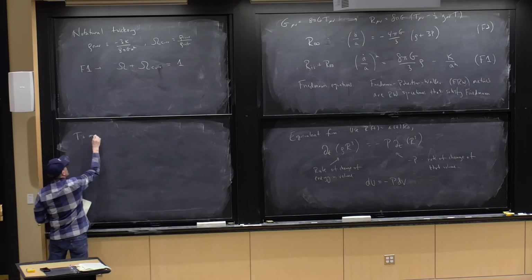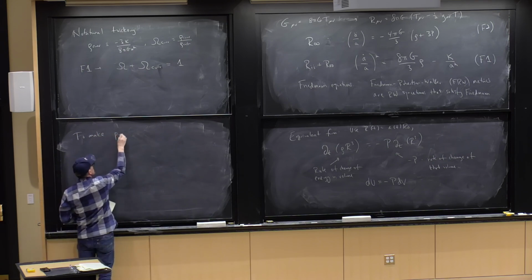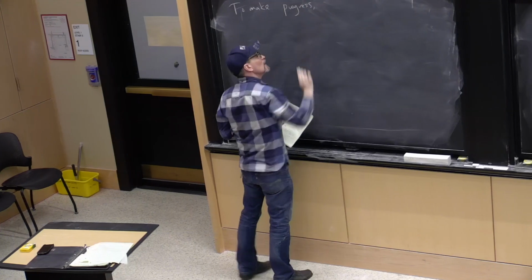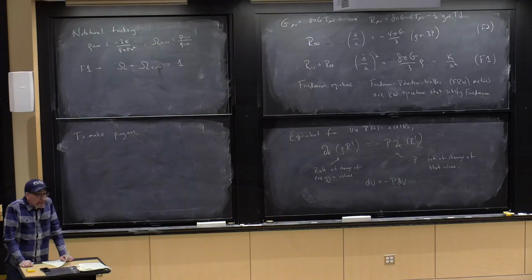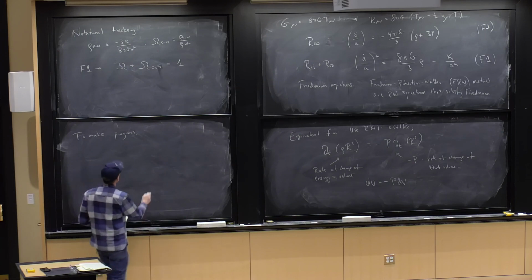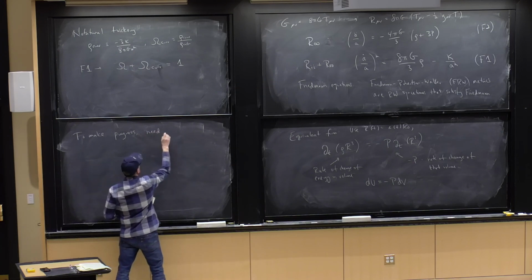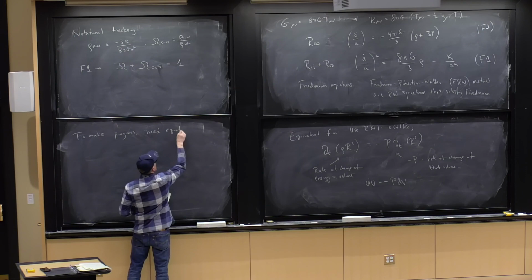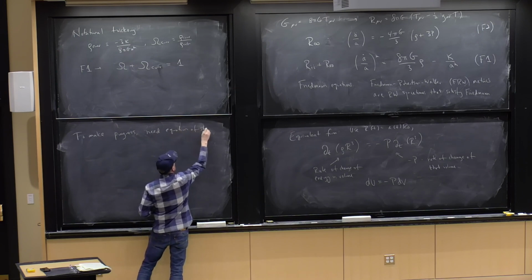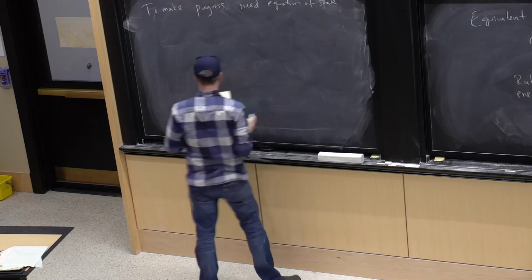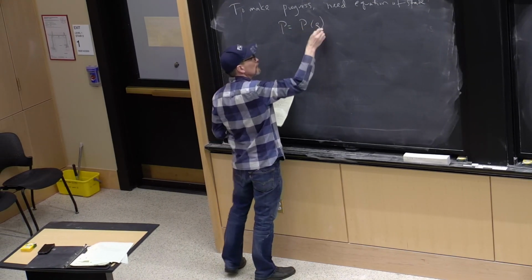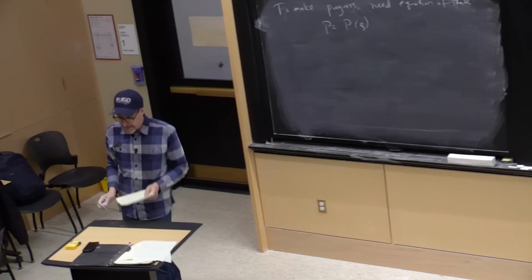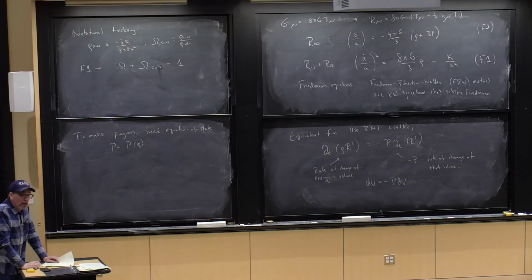So to make more progress, I need to choose what is called an equation of state that relates the pressure and the density to each other. What I really need is to know that my pressure is some function of the density. Okay? This can be written down for just about all kinds of matter that we care about.